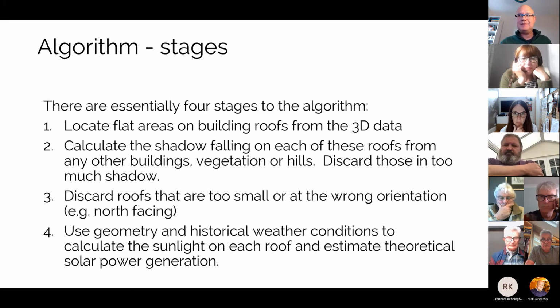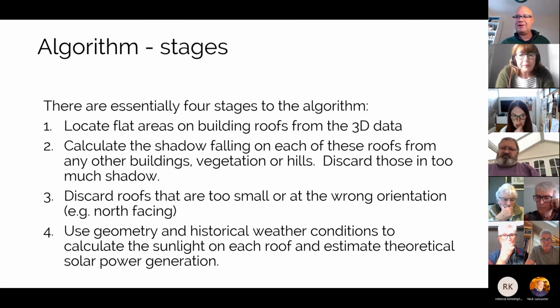So it's essentially the job of the algorithm to calculate those roof shapes and then use geometry to work out how much sunlight they might receive over the course of an entire year, and to see whether they meet the threshold for solar installation.